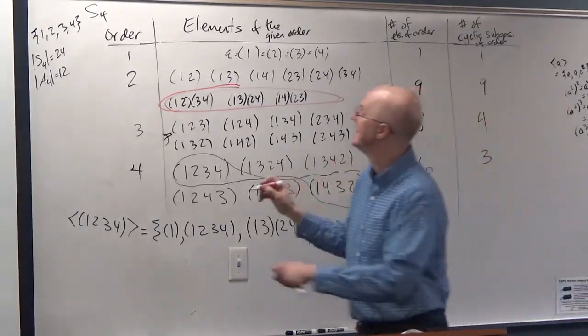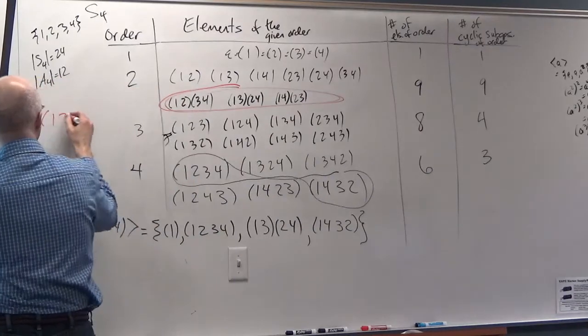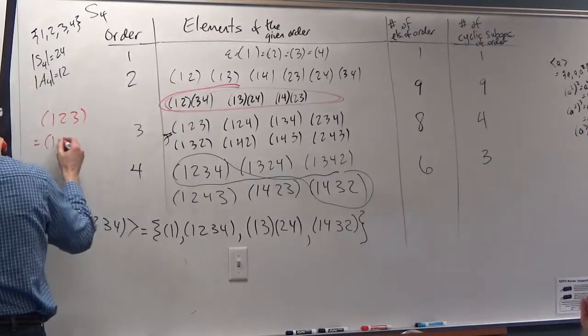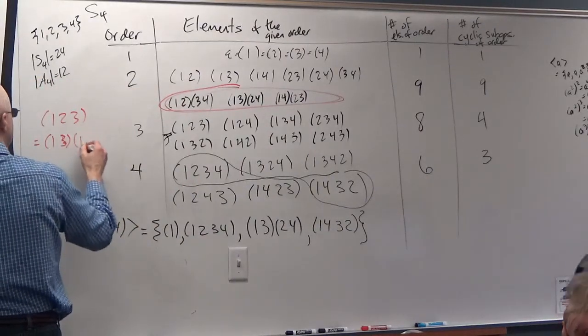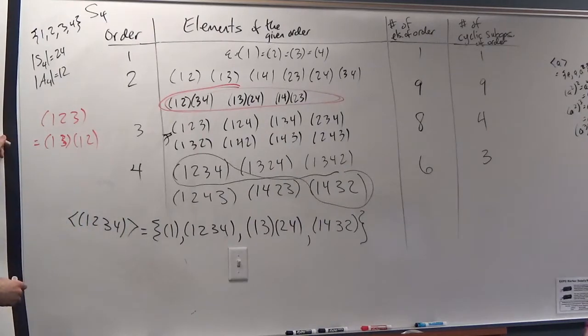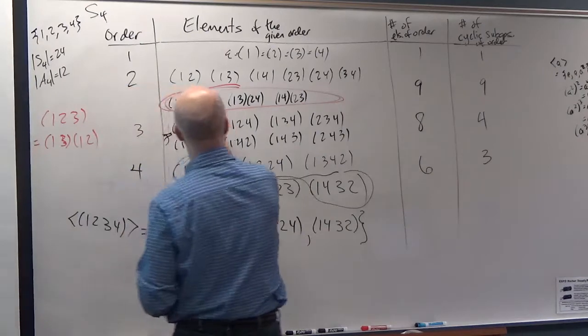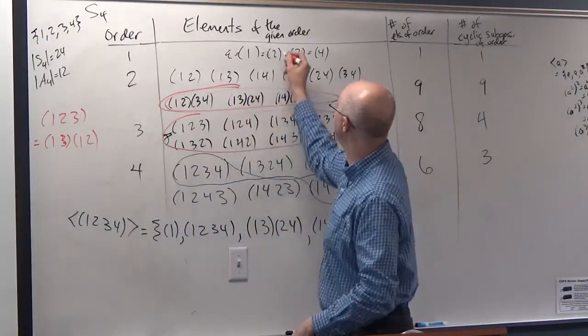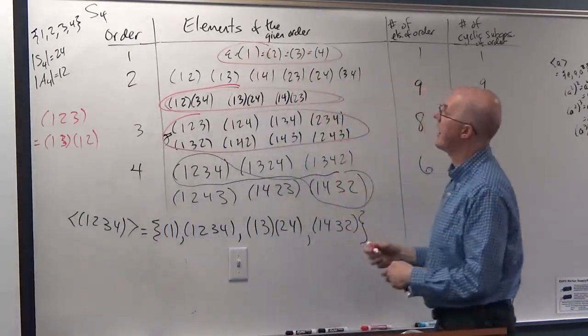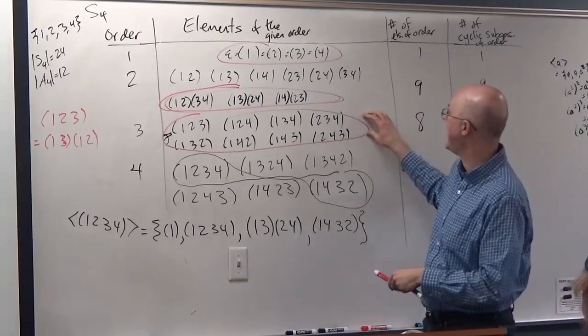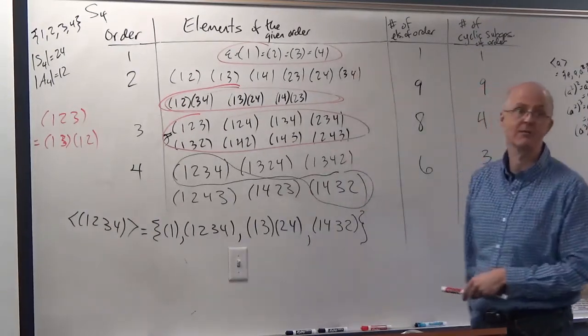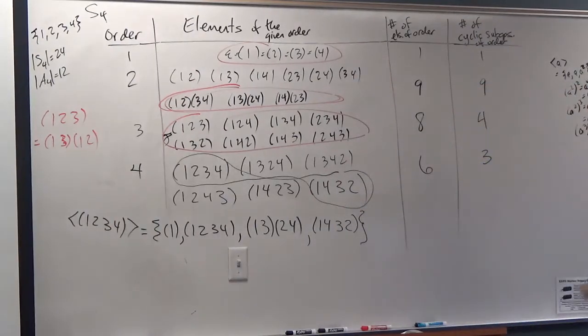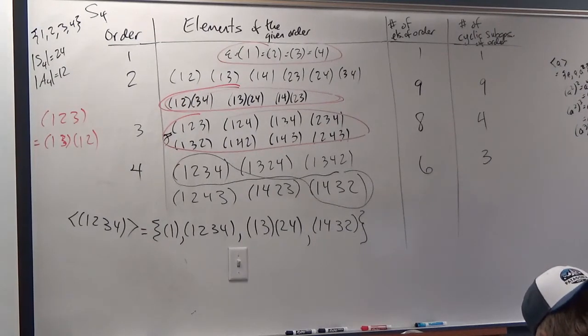Because, for example, (1 2 3) can be written as (1 3)(1 2), a product of an even number of 2-cycles. These are all even. And the identity is even. Is that A4? A4 has 12 elements. 8 plus 3 is 11 plus 1 is 12. That's A4. That's a subgroup of order 12. Not cyclic.